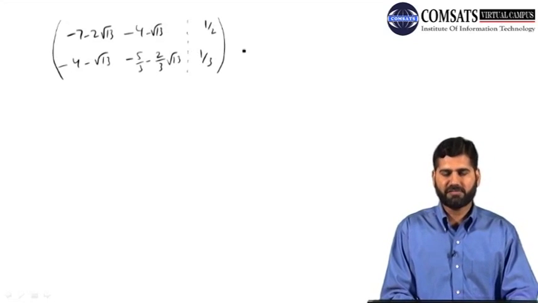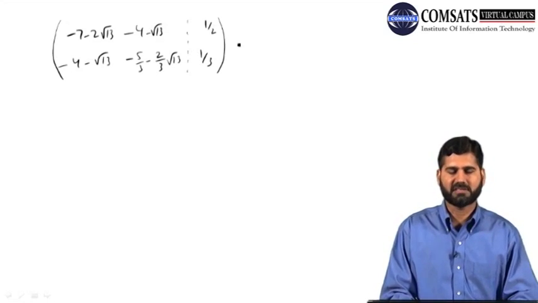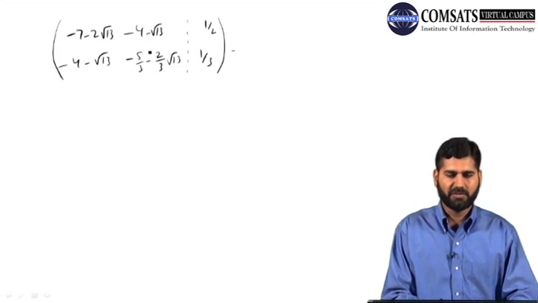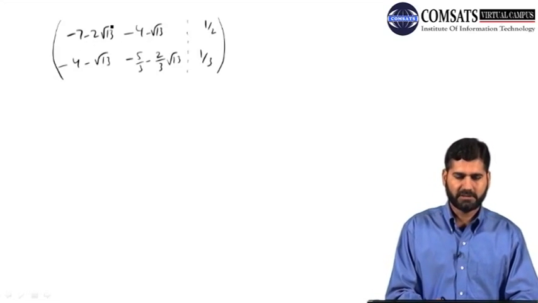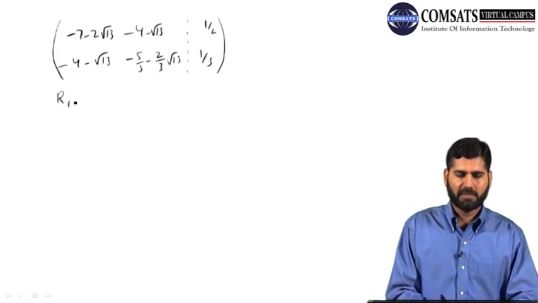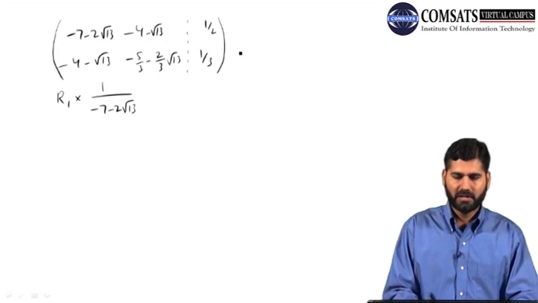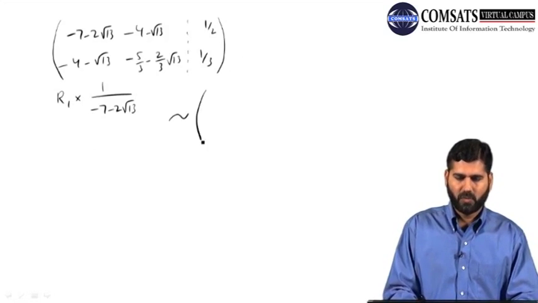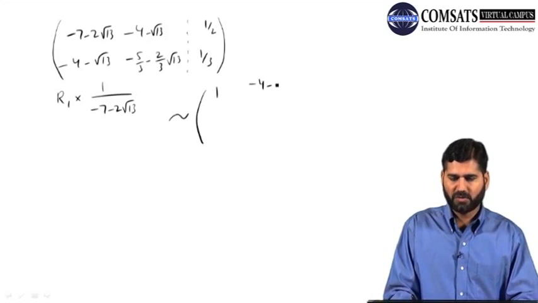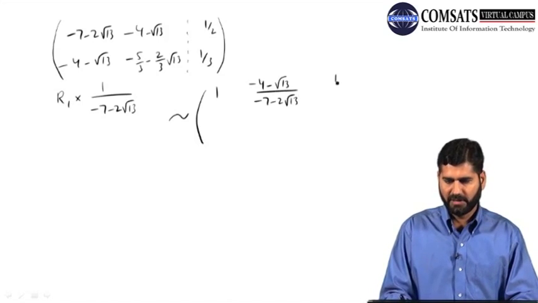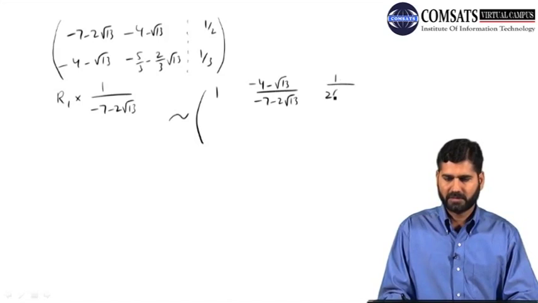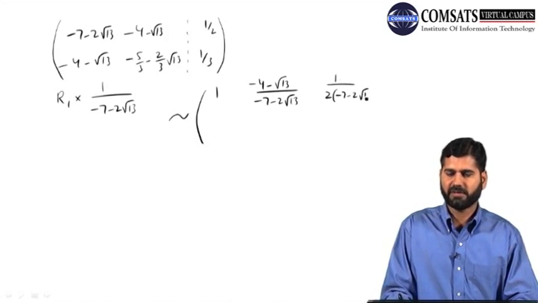If you reduce it to echelon form, you will see that the system is not consistent. If you multiply row 1 by 1 over minus 7 minus 2 square root of 13, it will make the leading entry 1, then minus 4 minus square root of 13 over minus 7 minus 2 square root of 13, and 1 by 2 times 1 over minus 7 minus 2 square root of 13.